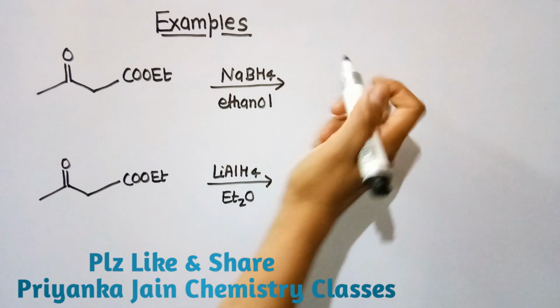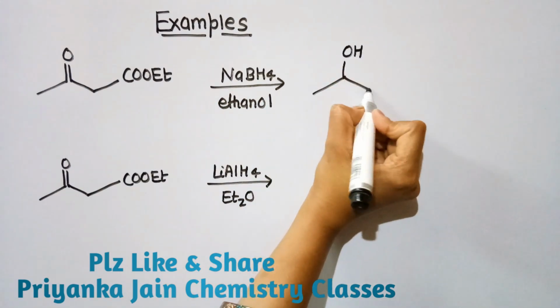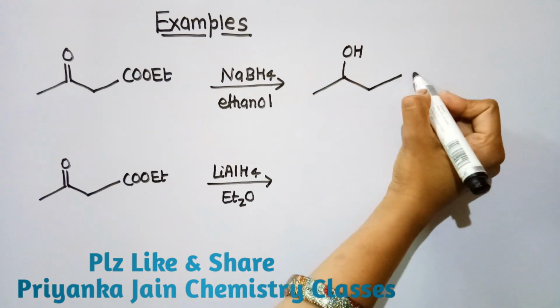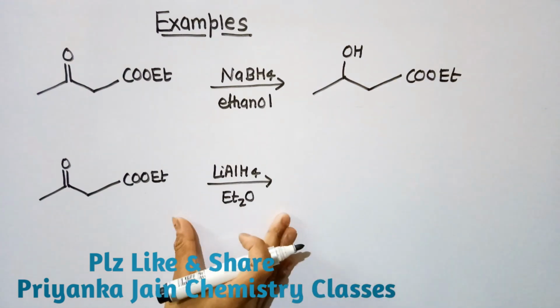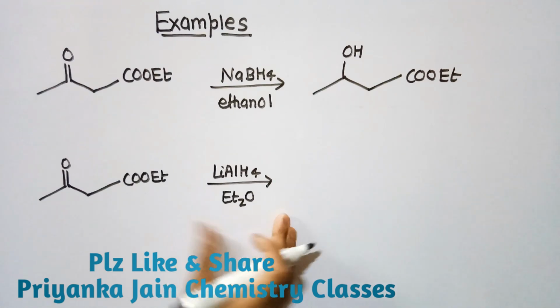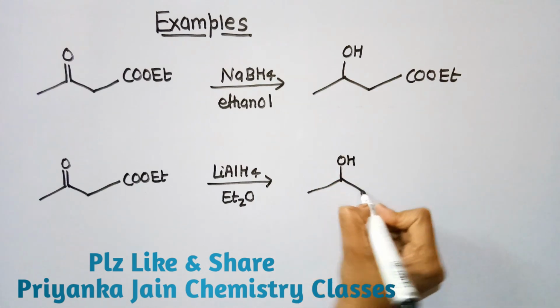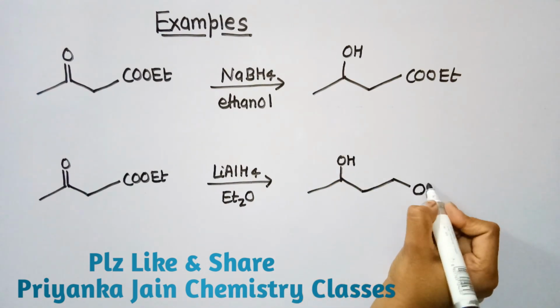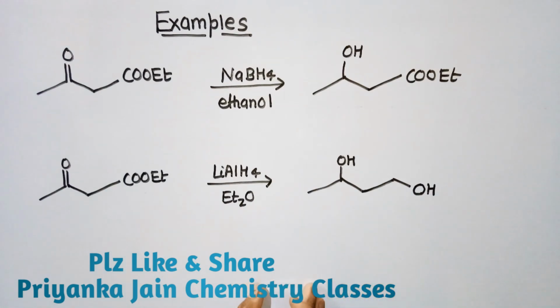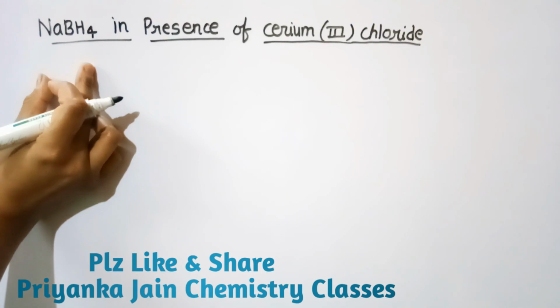So what will be the product here? This will get converted to alcohol, and this ester group remains as it is. While in the case of lithium aluminium hydride, both the groups will be reduced. In this way we are getting this product.